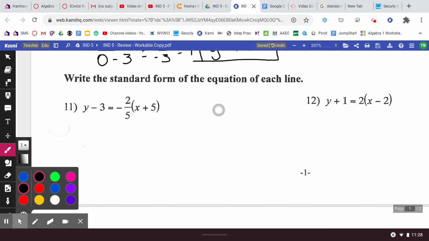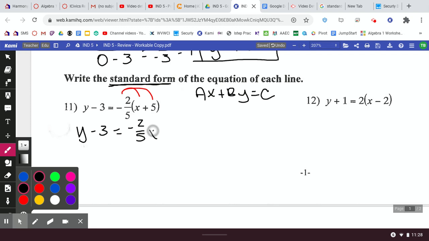All right, Grace, for number 11, the directions say standard form, and standard form is AX plus BY equals C. So what's my first step here? Yep, got to distribute. And when I distribute, I get y minus 3 equals negative 2/5 times x is just negative 2/5 x.